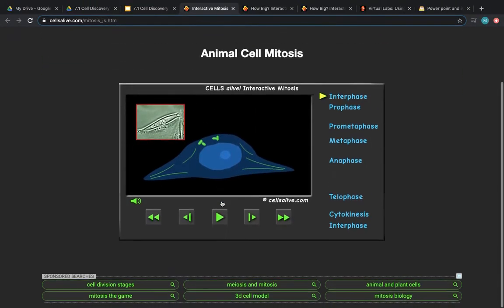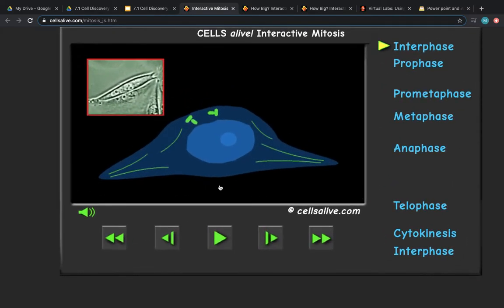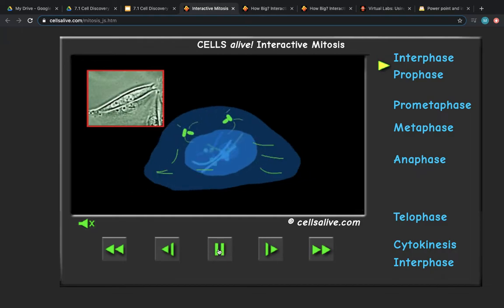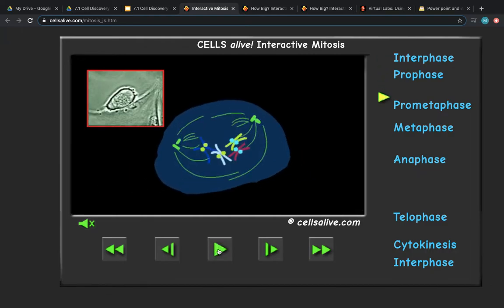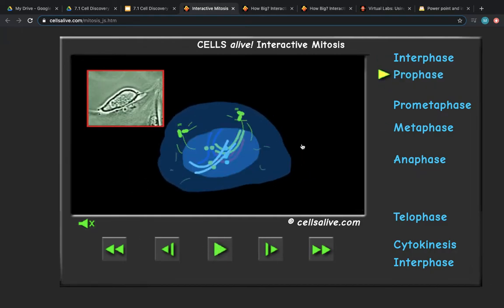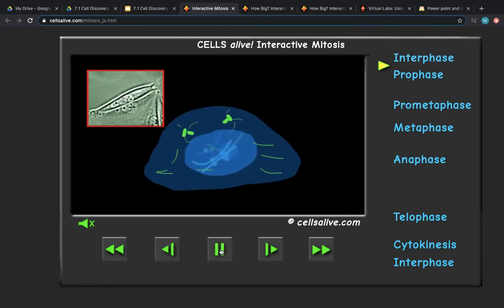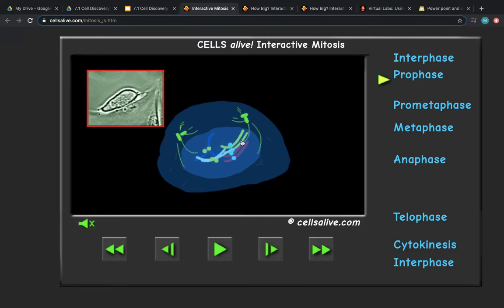So let's go ahead and look over here. This is just an example of cell division taking place. So you can see here a little bit back, the first thing that's happening is that 2 copies of each piece of DNA are being made. So you have 2 red, 2 yellow, 2 blue, and 2 light blue.